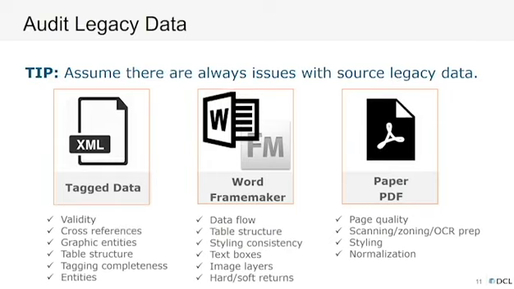Another format of legacy data is paper or PDF image. Many people stay away from paper because they think it's not possible to migrate to S1000D, or maybe that it's just way too expensive.